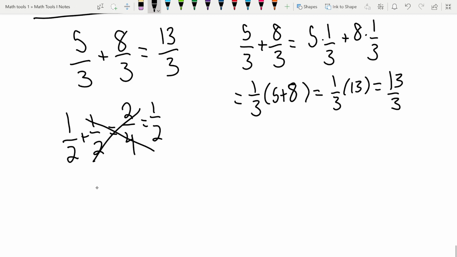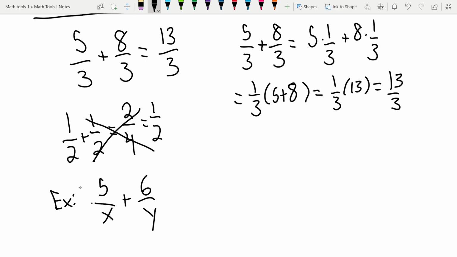So if we just have something simple like 5 over x plus 6 over y, okay, we have to get a common denominator. So the least common multiple of x and y, we don't know what x and y are. They don't have any kind of known factors. So their least common multiple is just going to be the product of the two. So it's going to be x times y.